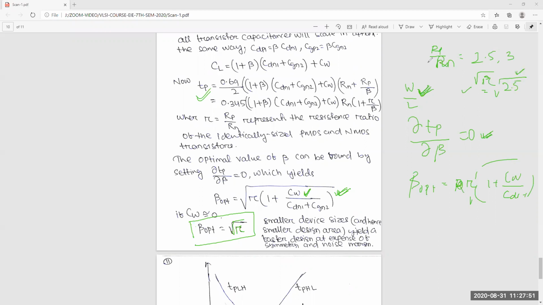So if you use this beta value, root over of this, then you will get the optimized TP value, less TP value, less propagation delay. Okay. So this is a very interesting result. You have to remember this thing.